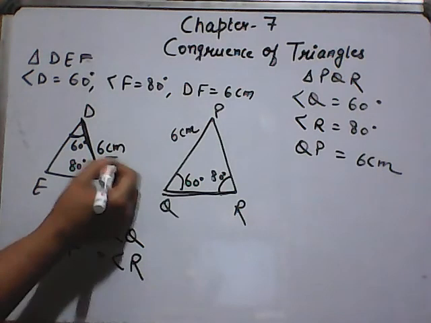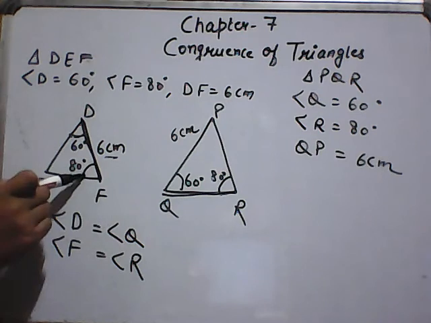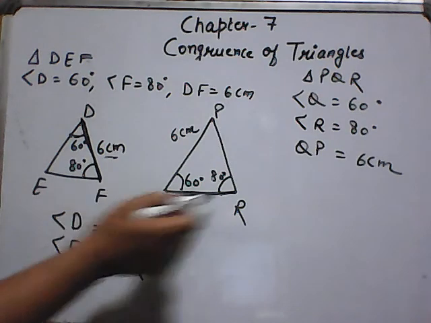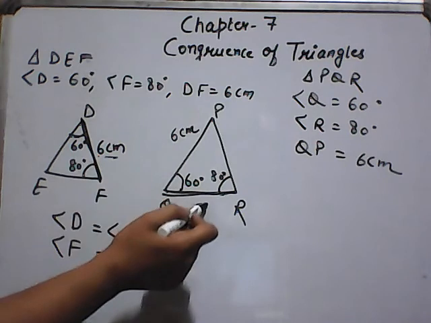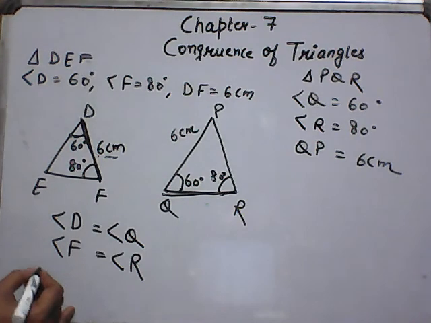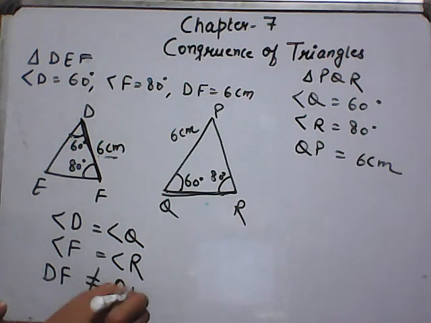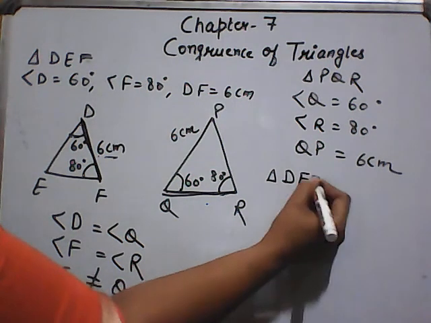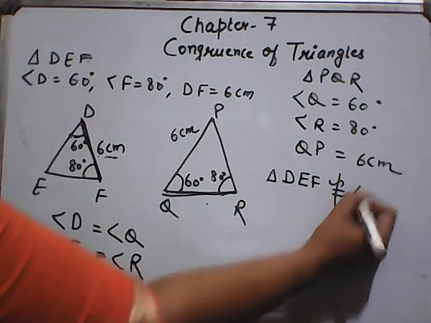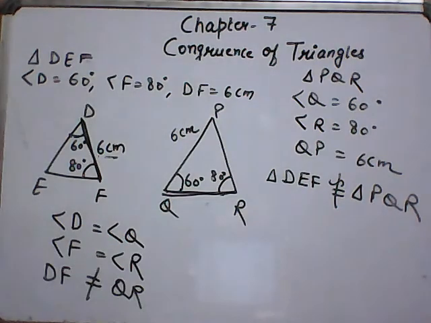The side containing these two angles, here DF contains angle D and F, here side QR contains angle Q and angle R. These two sides are not equal. Here side DF is not equal to QR. So we can say triangle DEF is not congruent to triangle PQR as the ASA rule is not satisfied.